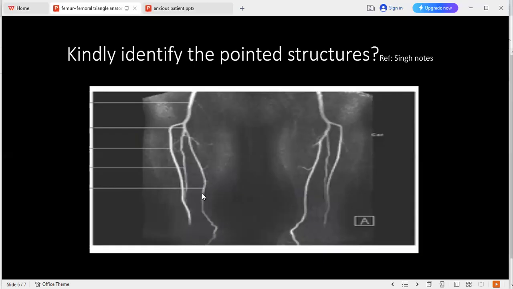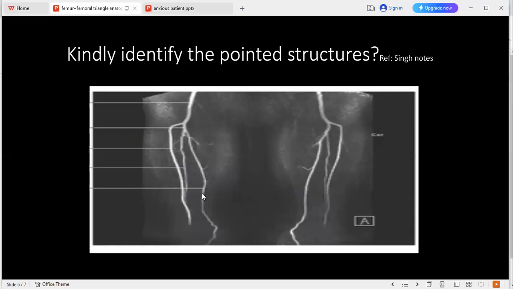From medial to lateral, ma'am, tell me the structures in the femoral region. You mean the femoral canal? Yes. In the femoral region, it will be femoral vein, femoral artery, and femoral nerve. And then the most medial is which structure? The femoral vein.